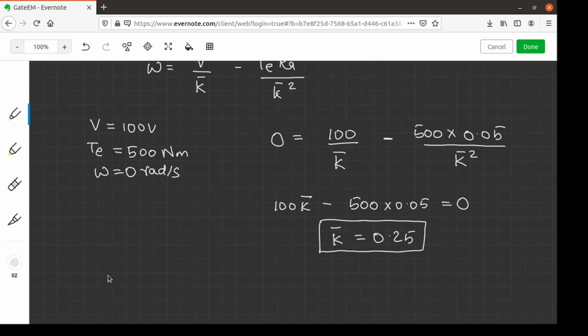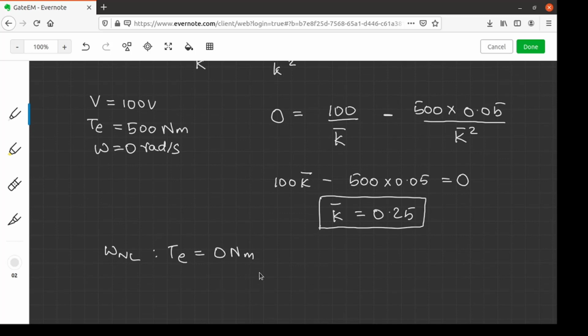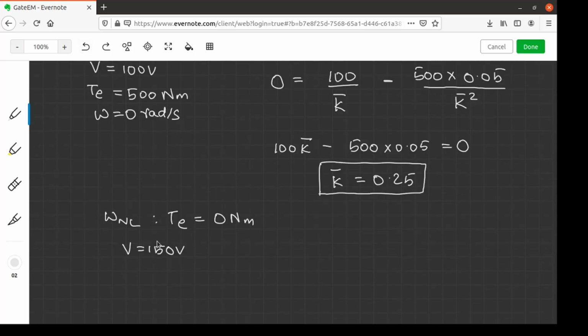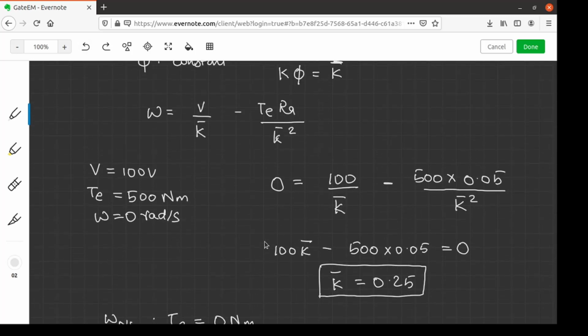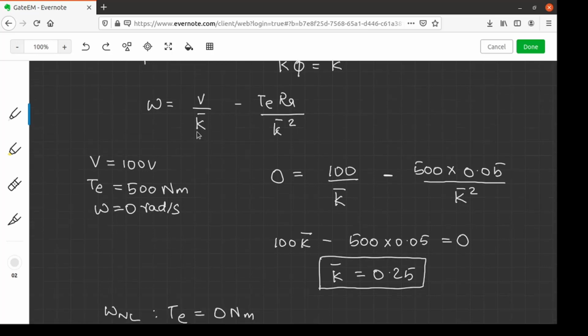In the second case, we are asked to compute the no load speed. Which means the electromagnetic torque developed is 0 Newton meters at a voltage of 150 volts. So when you substitute all this in the equation, you'll find that this term will go to 0 since the electromagnetic torque is 0. So the only part remaining is omega equals V by K bar.